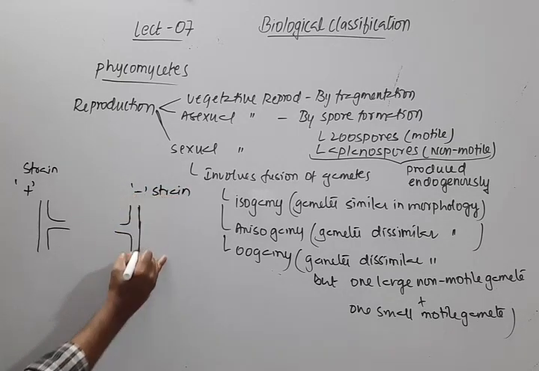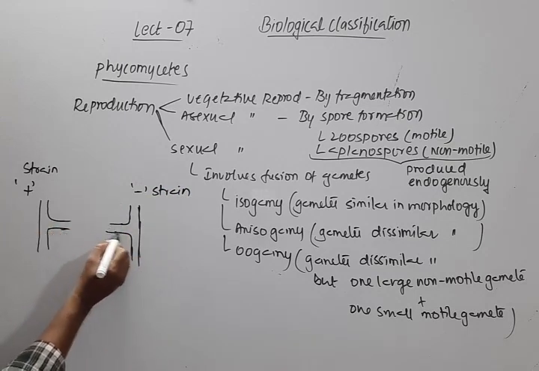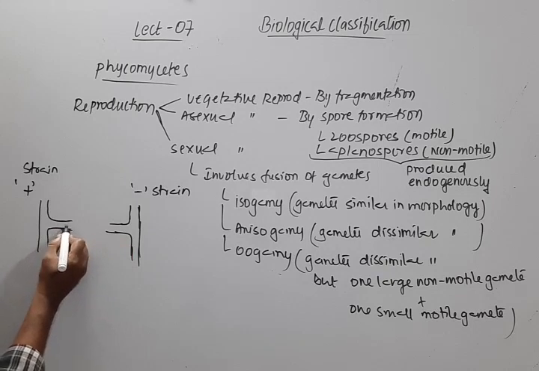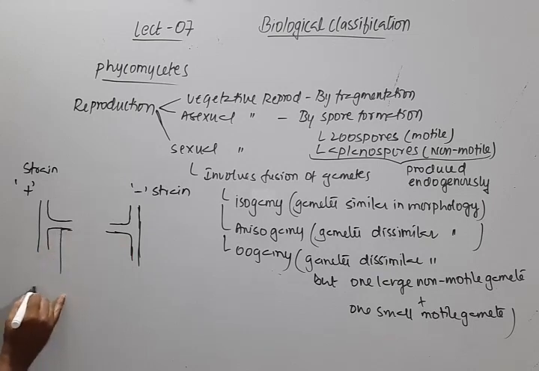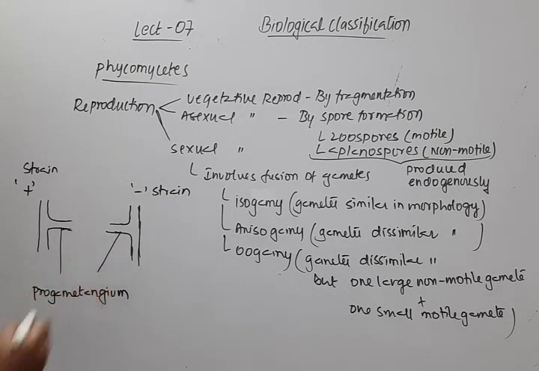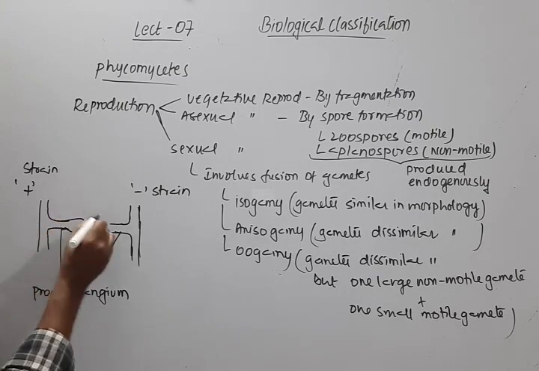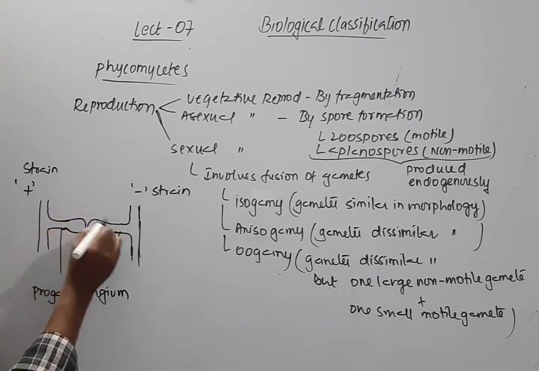The structures that grow towards each other are called progametangia. This progametangium starts swelling at the end. So it comes like this.